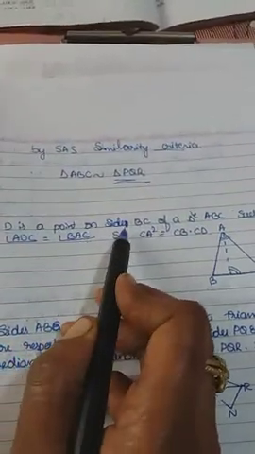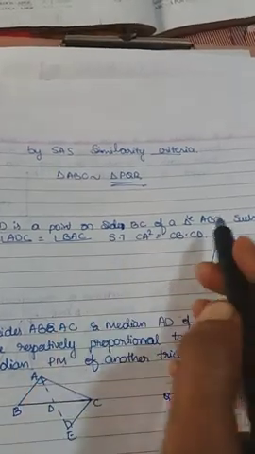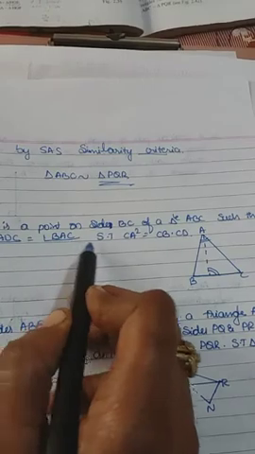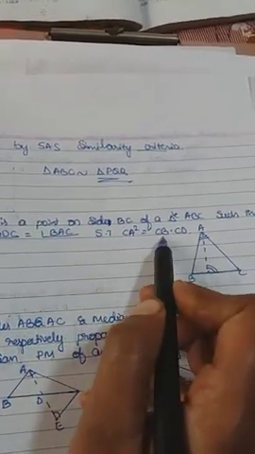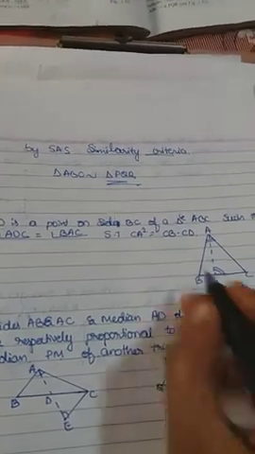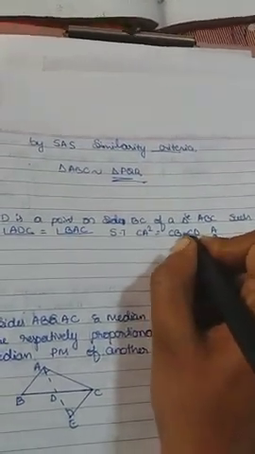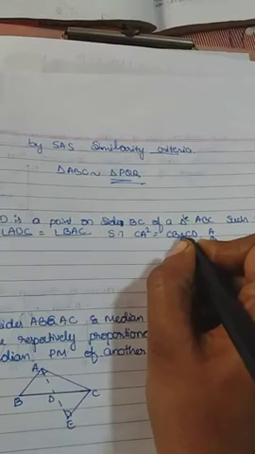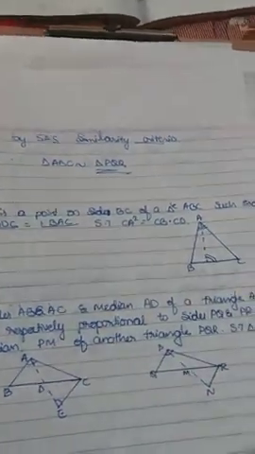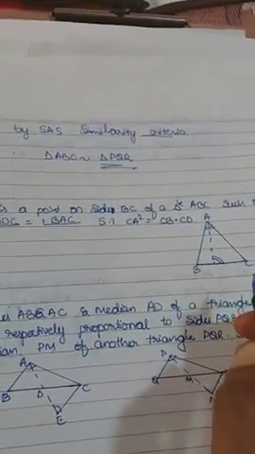D is a point on the side BC of a triangle ABC such that angle ADC equal to angle BAC. Show that CA square equal to CB into CD. This is not a point, it should be read as "into" because it is the multiplication symbol. Yes, let us understand the sum first.